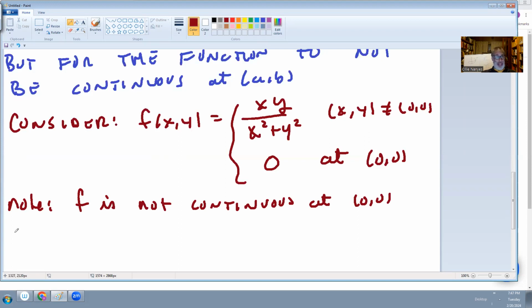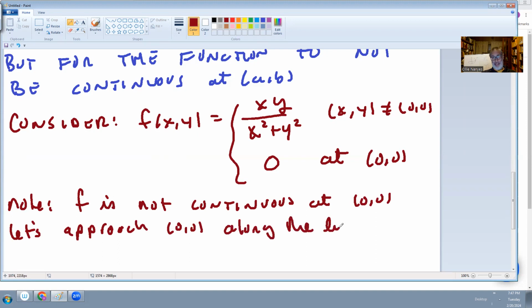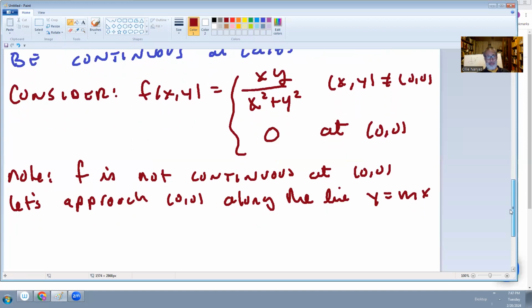And the reason for that is, let's approach 0, 0 along the line y equals mx. And I won't even bother to specify m. Let's take a look at what happens if we substitute mx for y.